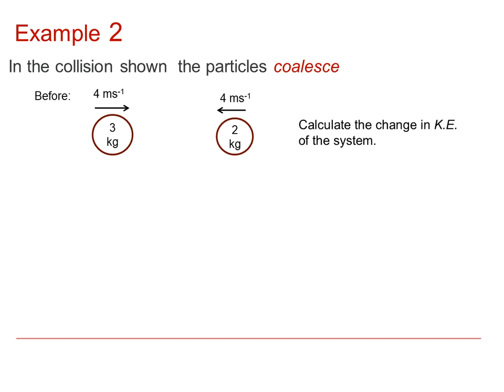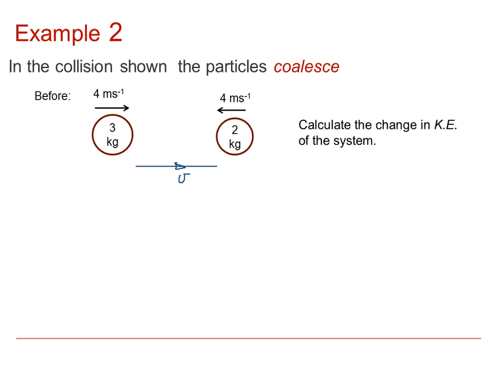In the second example, we're asked to find the change in kinetic energy when we have two particles that coalesce. After the collision, we have both particles moving together at some velocity v.